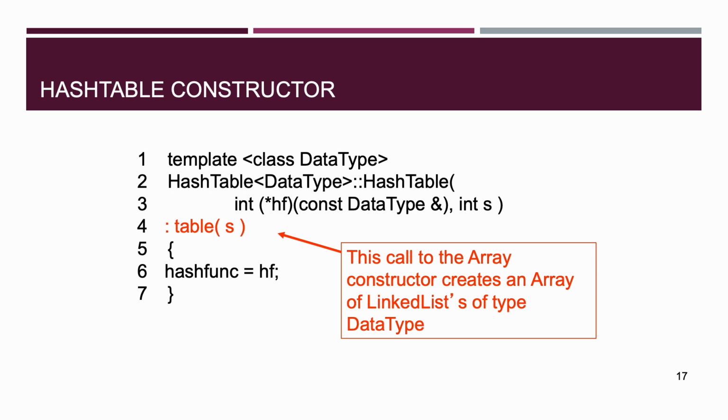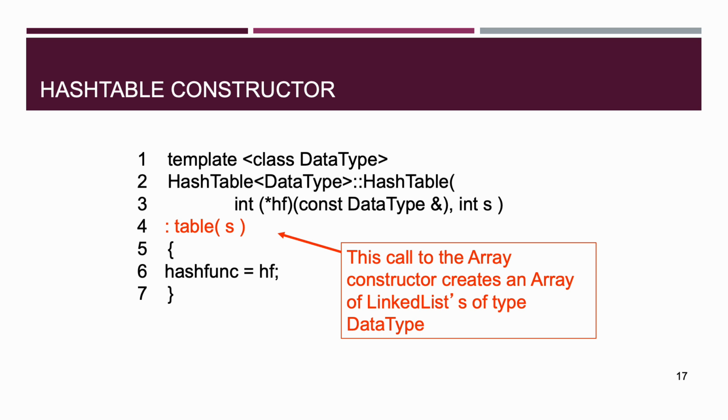So now let's take a look at the constructor for a hash table class. This constructor is templated to support different data types, which allows the hash table to be used flexibly with various data structures.